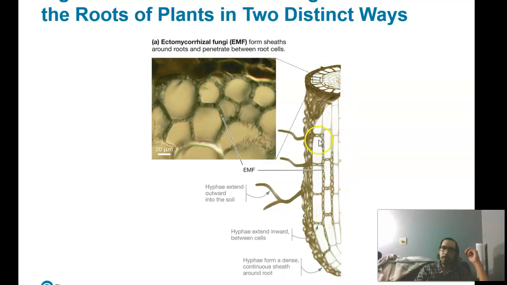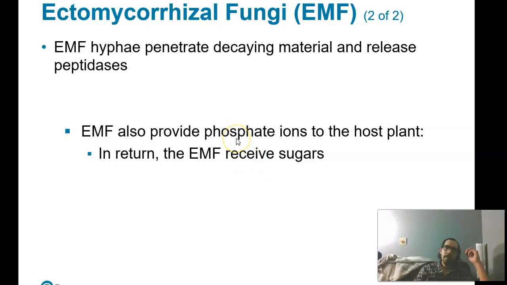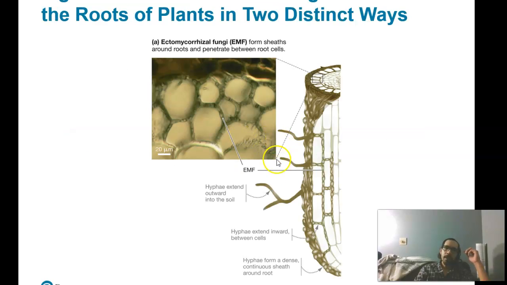So this whole thing is the root. So the hyphae is releasing the peptidases. It's breaking down the proteins into amino acids, and then it's transporting those amino acids in between the root cells.